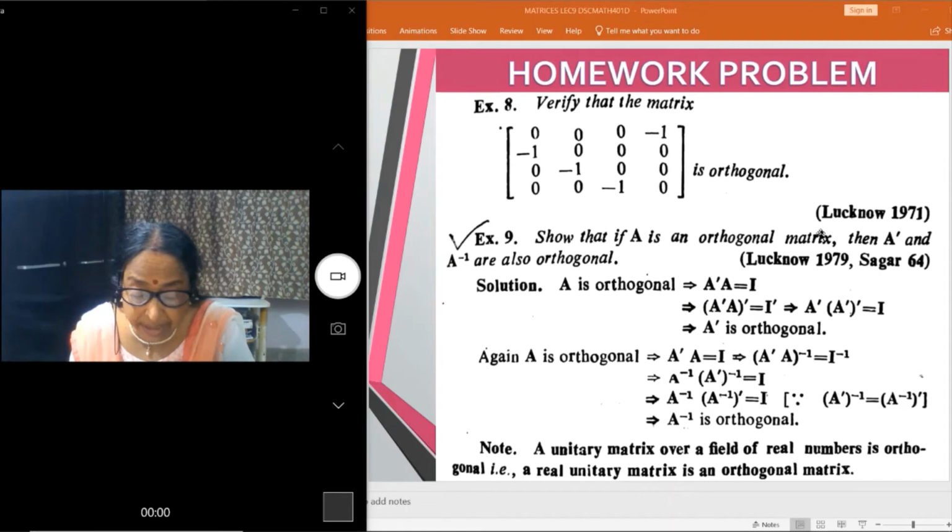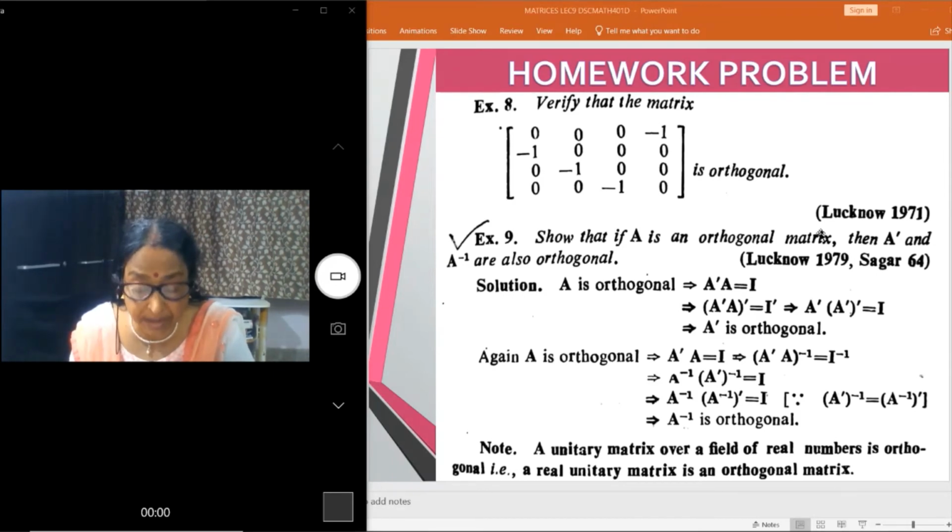Now I will give an example. Show that if A is an orthogonal matrix, then A dash and A inverse are orthogonal. Both are very, very important.